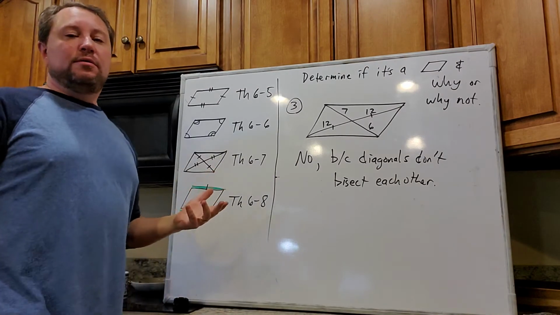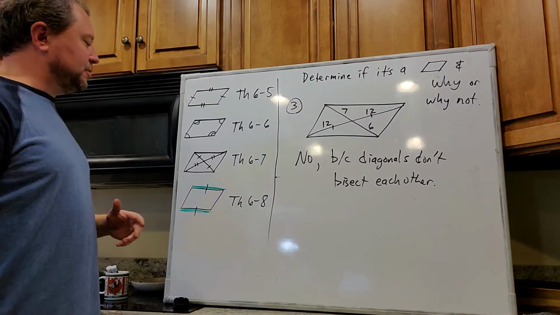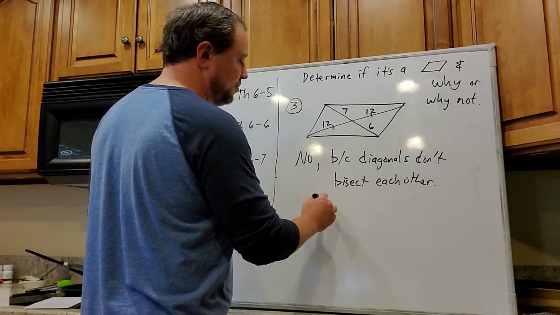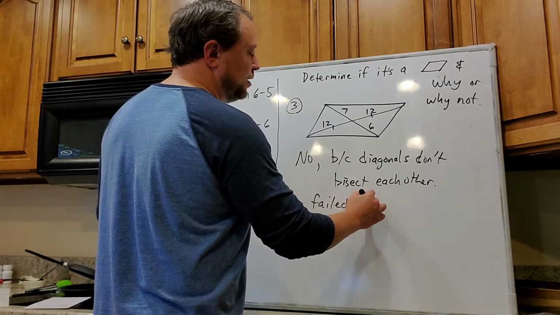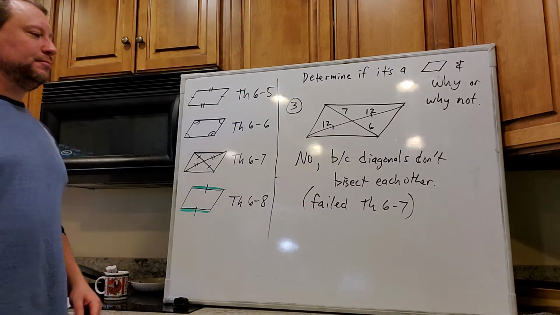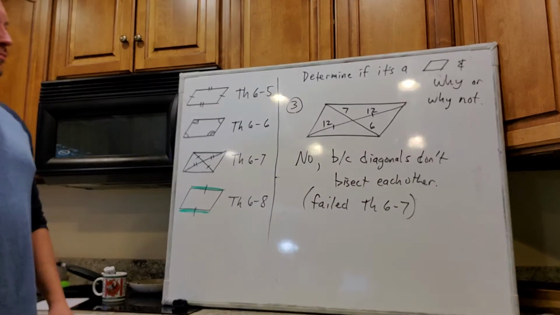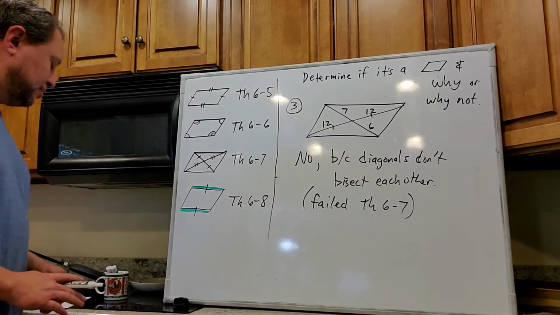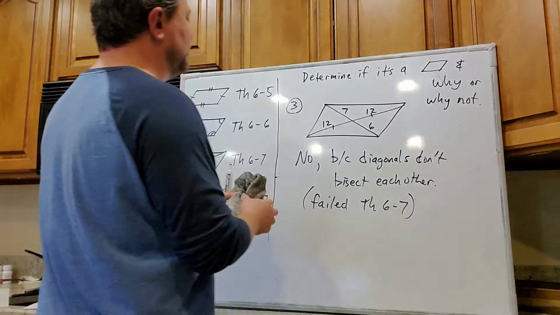Okay, or if you think it's easier just to do this, you might say it failed theorem 6-7. Okay, so there's another of those problems. Let's keep going with these though.